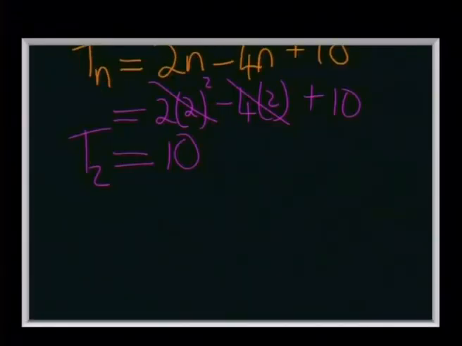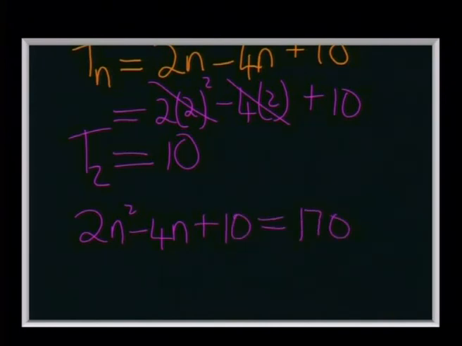Right, so the actual question said, which term equals 170? So I'm going to remember that whenever I'm asked which term, I need to solve for n. And remember, n must be a positive whole number.